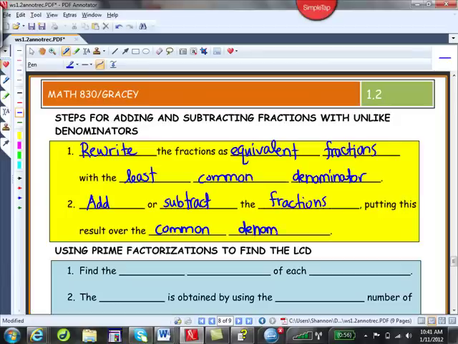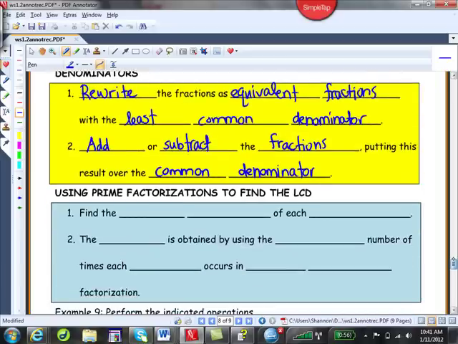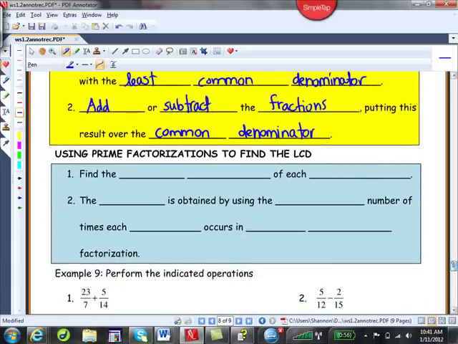Now sometimes it's hard to find the LCD. So here's a skill you can use. It's called using prime factorizations to find the LCD. So you find the prime factorization of each denominator.